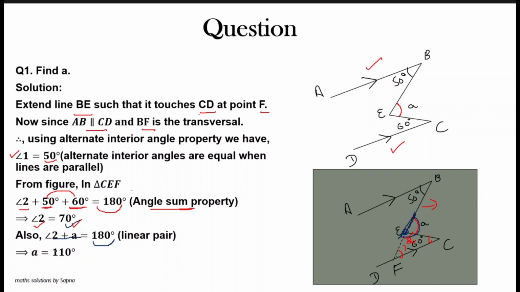Angle 2 was 70, so it's basically A plus 70 is 180. So if I solve it, A equals 180 minus 70, which is 110 degrees, right? I hope it's clear to you. If you have doubts in it, you can put your doubts in the comment box and I'll clear the doubts. Maybe I'll make another video to clear your doubts.